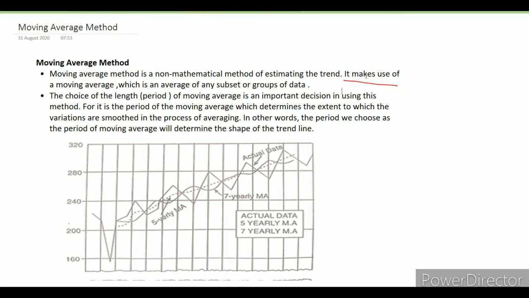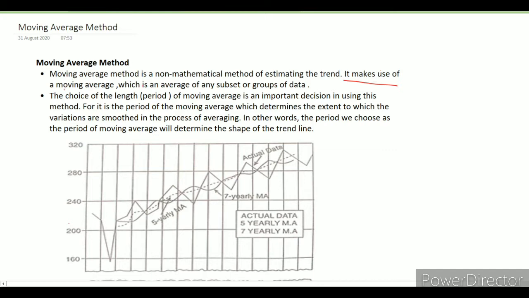What we're trying to do here is not exactly finding the moving average, but suppose we're given a moving average, we have to work with that in order to get the trend values. We will look at the way of calculating the trend values for different yearly moving averages. But the choice or the length of the moving average period is important.